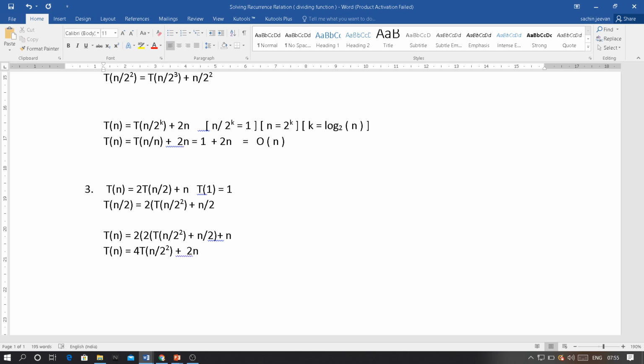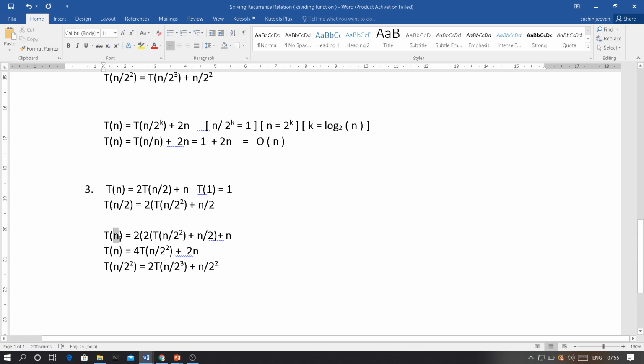We should go for the substitution of T(n/2²). So T(n/2²) is equal to 2T(n/2³) plus n/2².